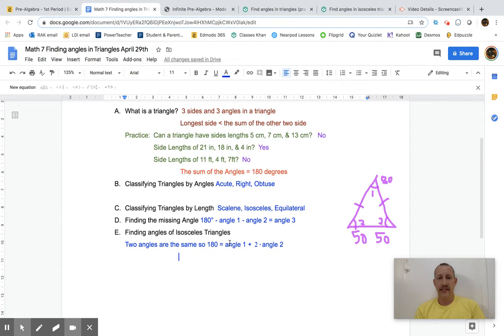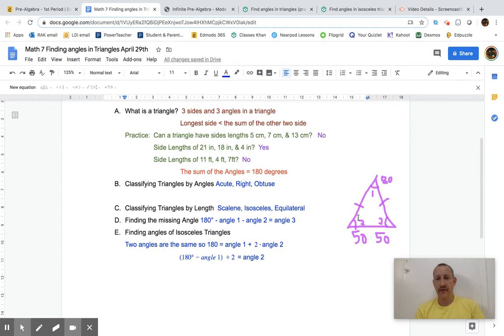Since 180 is going to equal angle 1 plus angle 2 plus angle 2, we can just say 2 times angle 2. And how do I get rid of that plus angle 1? We subtract it. How do we get rid of times 2? We divide it. So the equation is going to look like this.